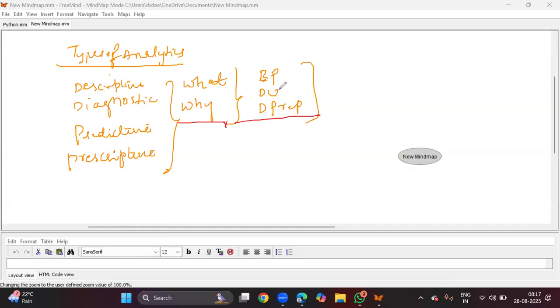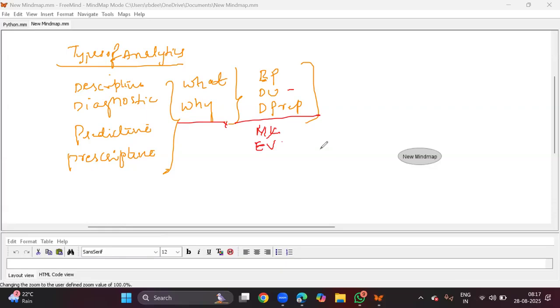Now these three: business problem, data understanding, and data preparation. After that, prediction. So this is talking about machine learning and evaluation.